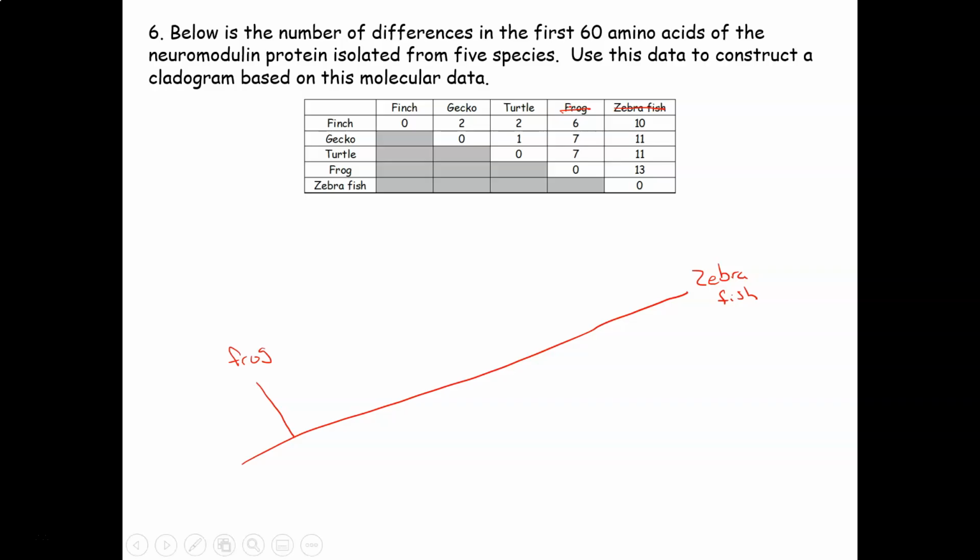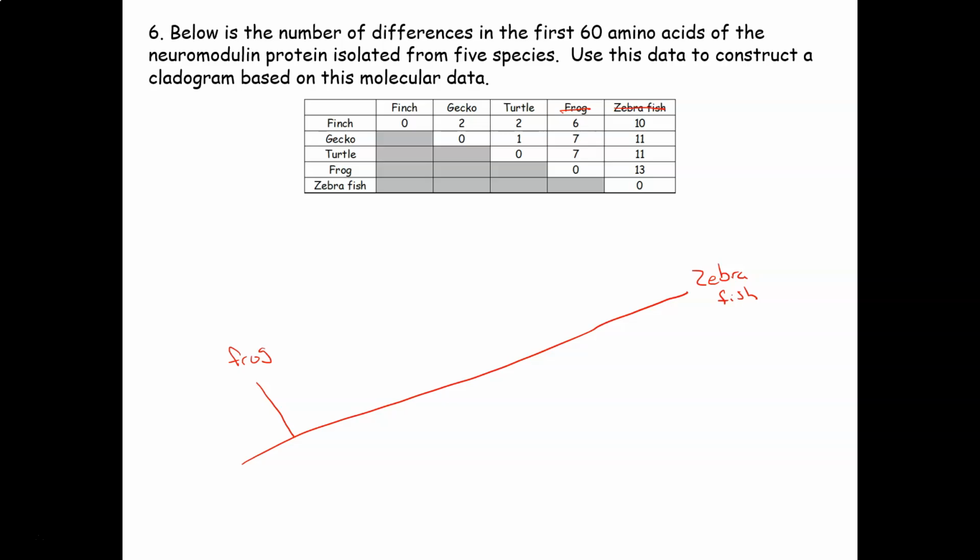So now I've taken care of that zebrafish and I've taken care of the frog. I'm going to stick with one of those species, and you can take your choice. Let's just look down that zebrafish column. Between the frog and the zebrafish, there were 13 differences.